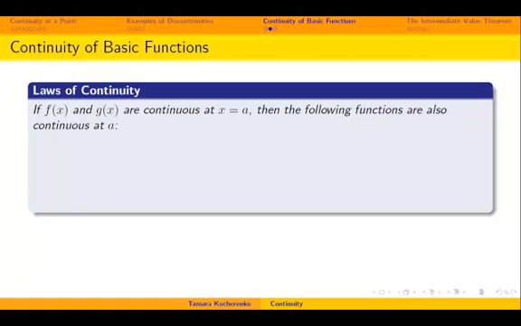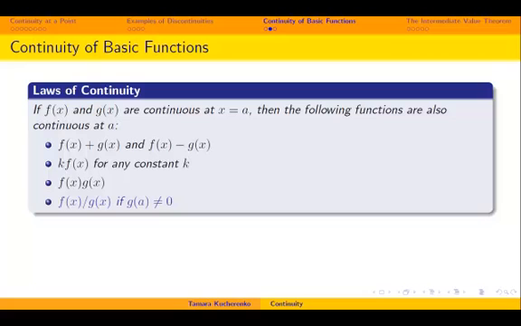If f of x and g of x are continuous at x equals a, then the following functions are also continuous at a: the sum f of x plus g of x and difference f of x minus g of x; k times f of x for any constant k; the product f of x times g of x; and the quotient f of x divided by g of x, provided that g of a is not 0.